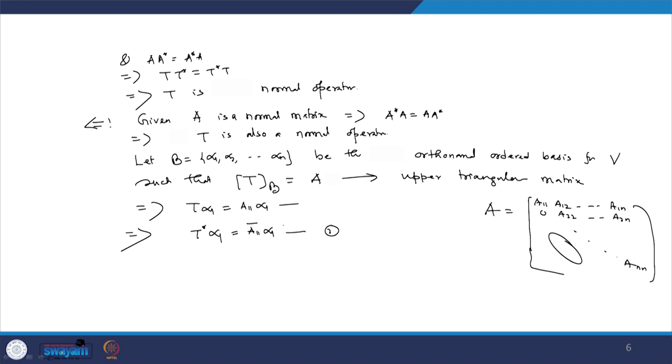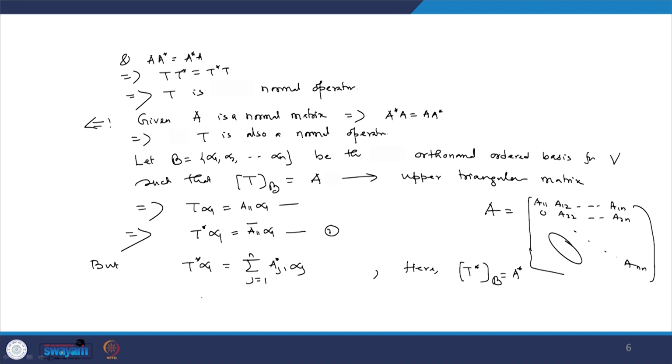So, I am getting this one, but according to the definition of the matrix representation of T star with respect to B, if I consider A star, then T star of alpha 1 will be equal to the sum over j equal to 1 to n of A star j1 alpha j. Here the matrix representation of T star with respect to this same ordered basis equals A star.